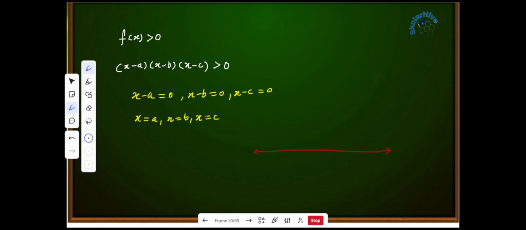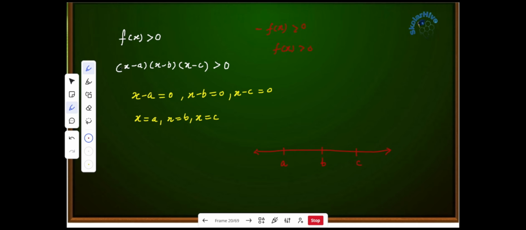Suppose among these a, b and c, the biggest one is c. So we'll put c over here, and then b is bigger than a, and a is the smallest among all. So we'll plot all these points on a number line, and then in order to draw the curve for this expression, we first have to see the sign of this expression, whether it is minus f(x) or plus f(x).